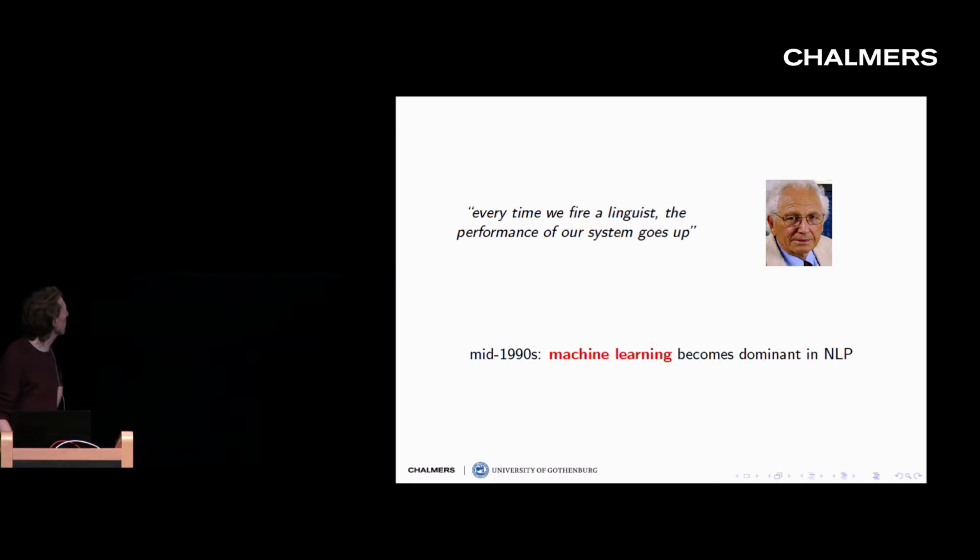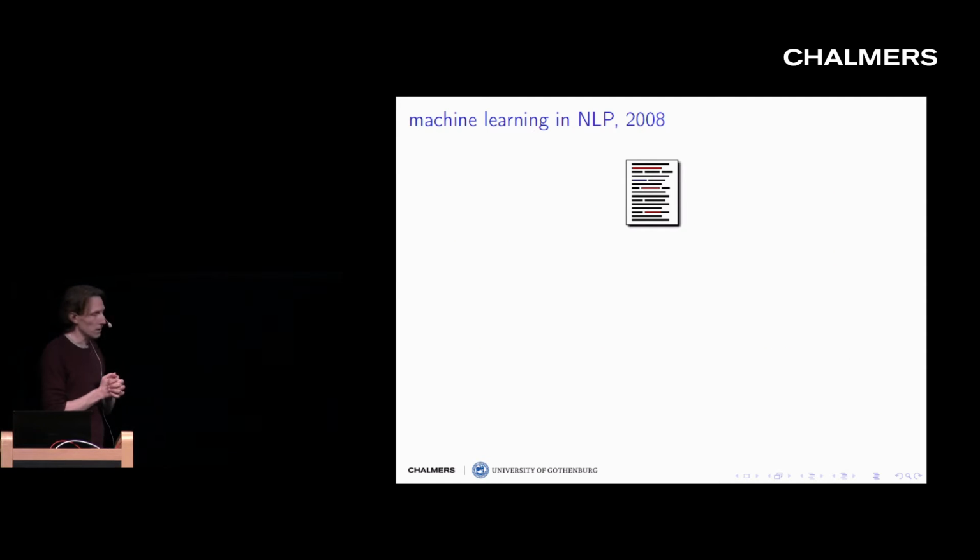So if we look at what NLP systems tended to look like 10 years ago, the typical way that these systems were structured in those days was that we built complex systems by combining subsystems in something called a pipeline, so that we started by carrying out simple tasks.